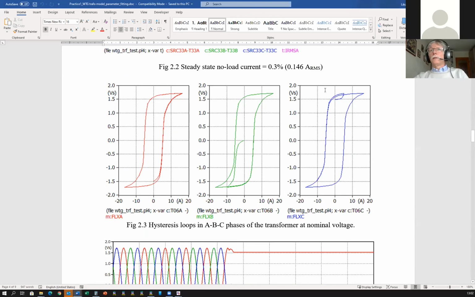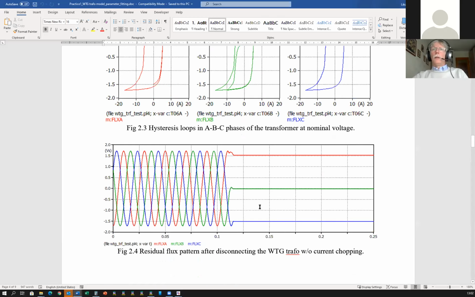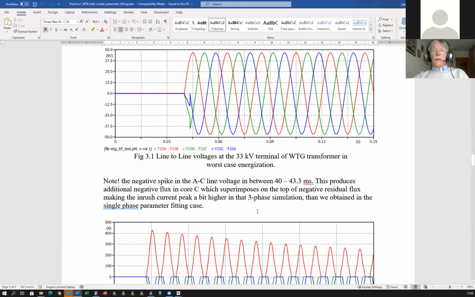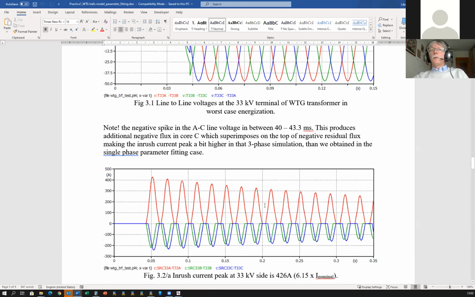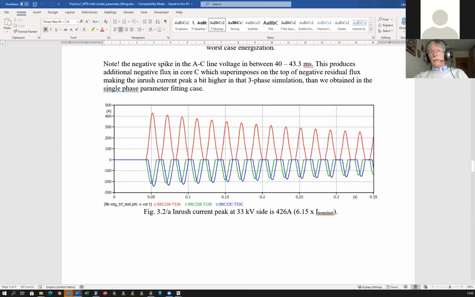You can display the nonlinear hysteretic behavior of the core in each phase. As you see here, even the pre-specified residual flux can be seen easily. Here it is positive, here it is negative, and in the middle phase it equals 0. And thereafter you can use this transformer, for example, for inrush studies.